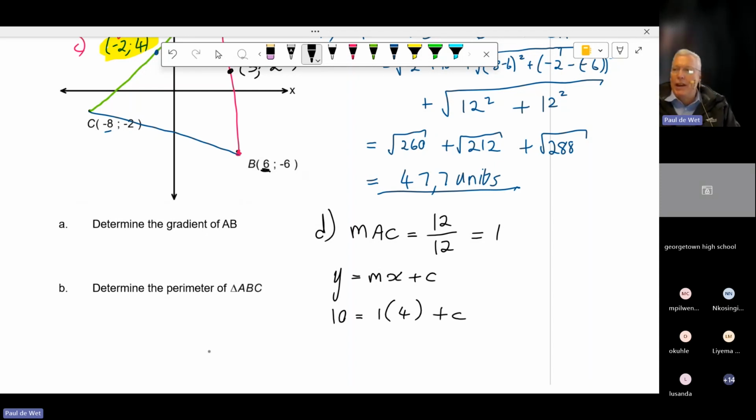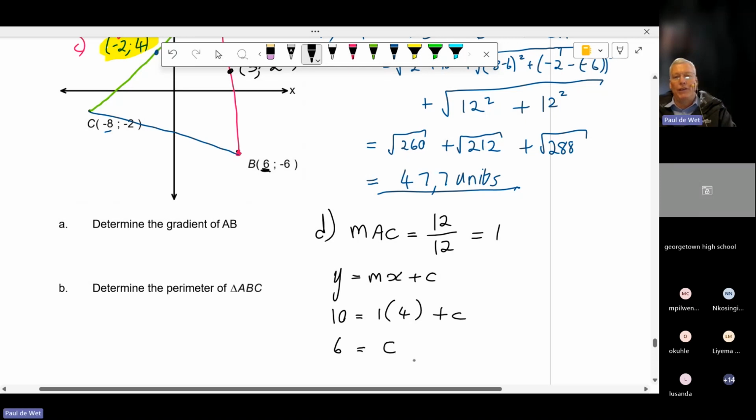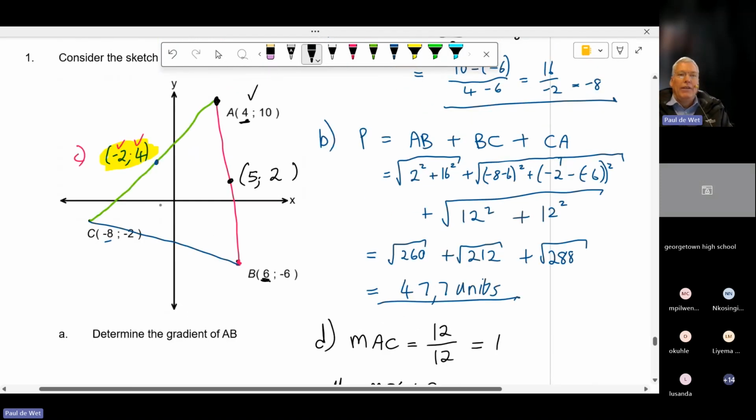How many variables are left in here? Just 1. Okay, so now I can subtract 4 from both sides. And I get c equals 6. So my final answer is y equals 1x plus 6. And if I go and look here, guys, this point over here is the y-intercept at 6. It looks about right. That was at 4, it's a bit higher up at 6. Okay, question E.